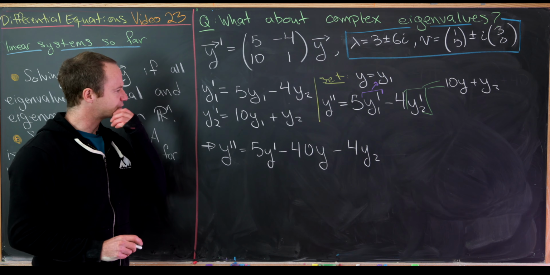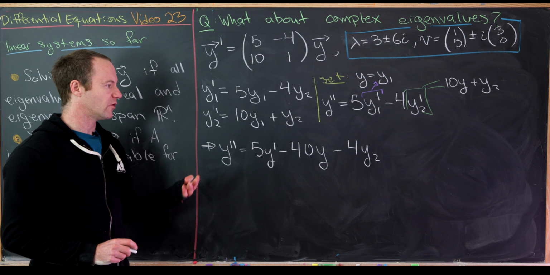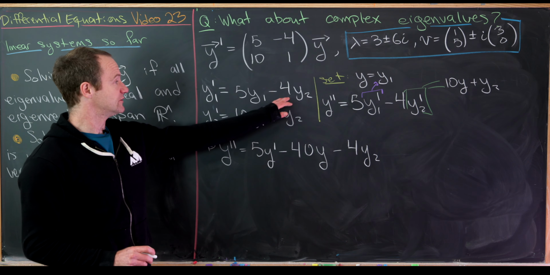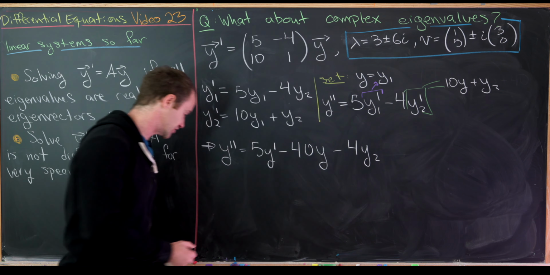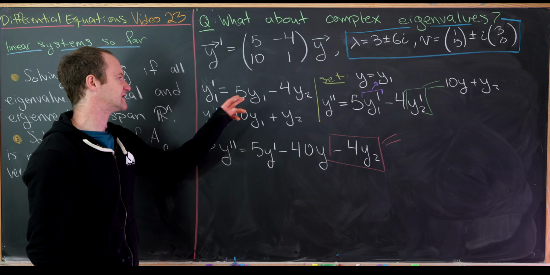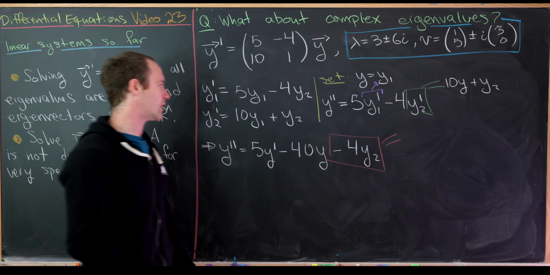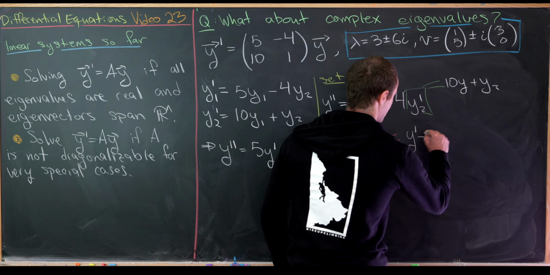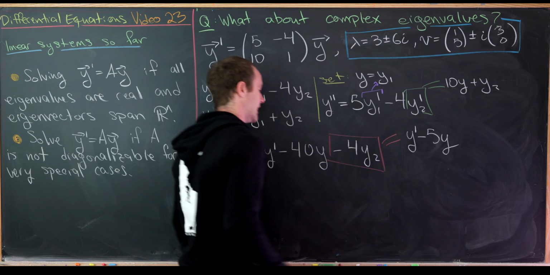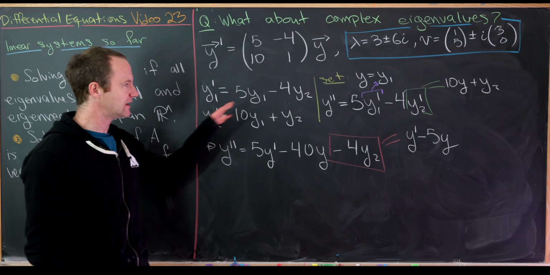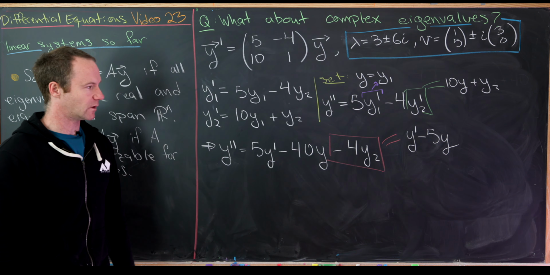Now, what do we do with this y2? We'd like to write it all the way in terms of y1. But luckily, we can do that with this first equation. We can take this minus 4y2 and rewrite it as 5y1 minus y1 prime. In other words, this will be equal to y prime minus 5y. And that's just by solving this first equation for y2, keeping in mind that y1 is equal to y.